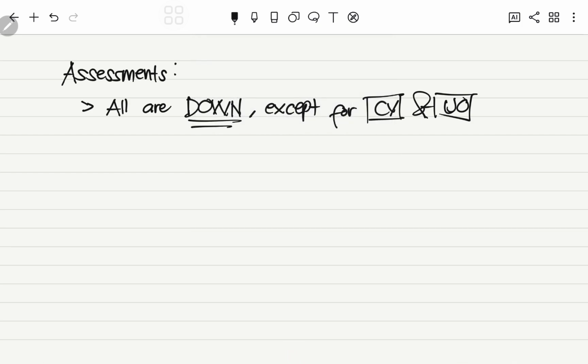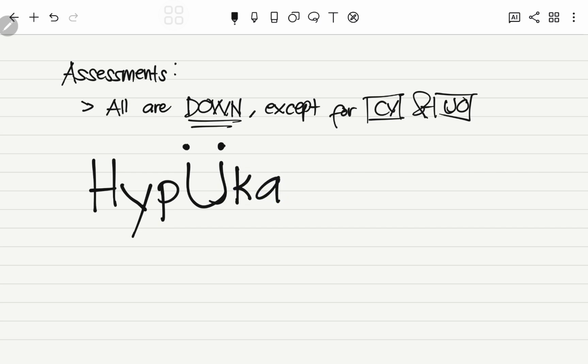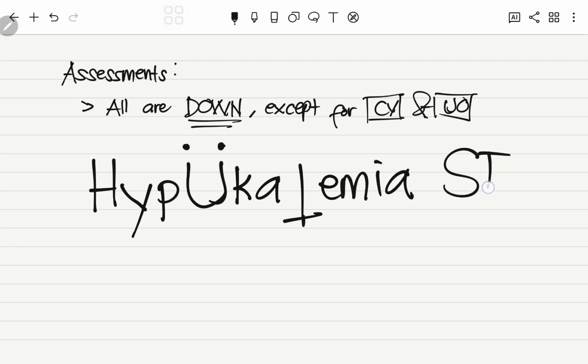Okay, so I've made this one. I call it hypokalemia STD. So this is now the problem or your ECG changes that may manifest in your patient. Okay, in your hypokalemia STD, you need to remember this thing.